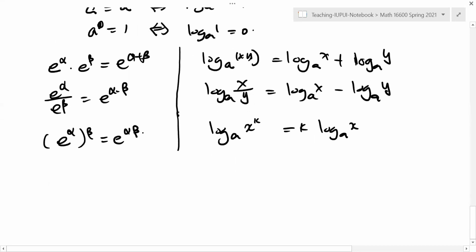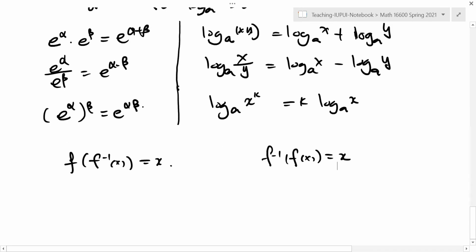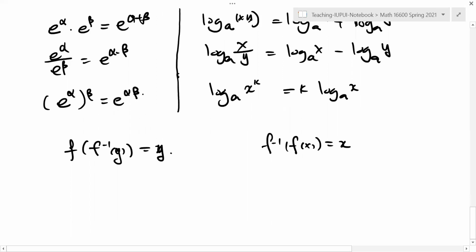Now, by the definition of the inverse, remember, f inverse of f of x should be equal to x, and f of f inverse of x should also be x. Sometimes we use a y variable here. It doesn't matter, the variable is not important, because originally the variable for the inverse function is y. So how do we translate this relationship to the exponential and log function?